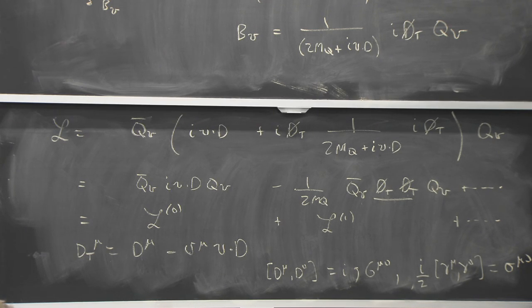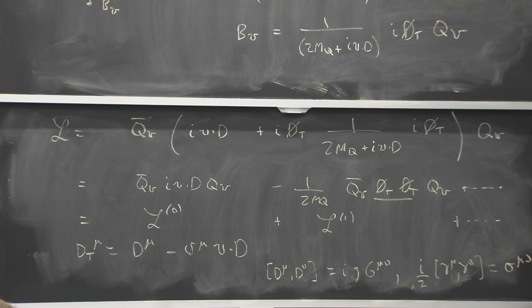So let me write this as the symmetric piece and then the antisymmetric piece. And I do a symmetrization in both the fields and the Dirac structures.